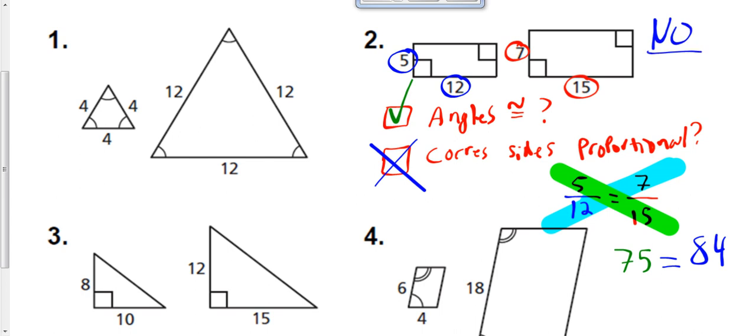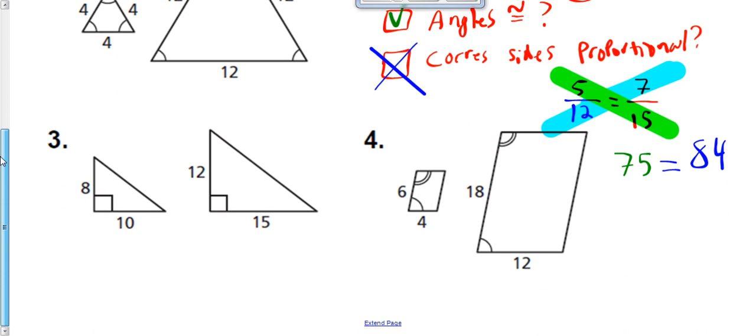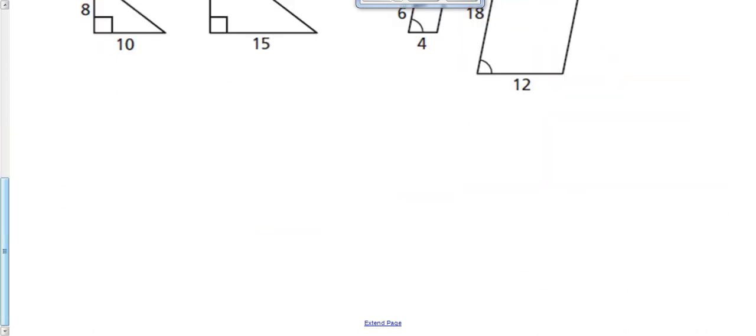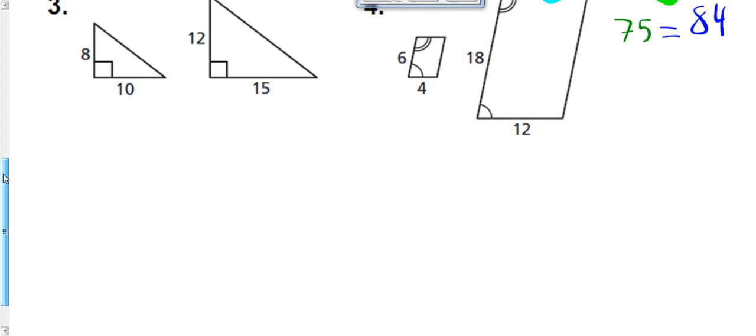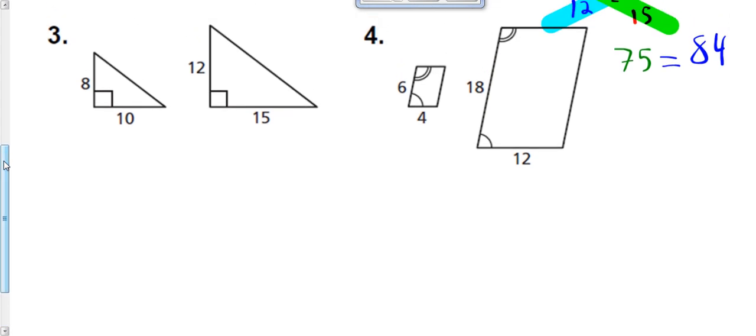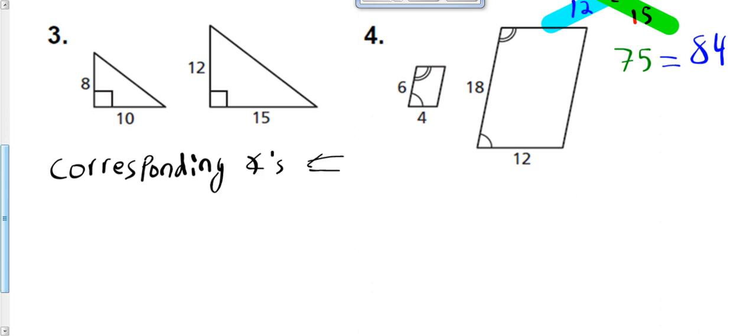Let's keep going and see if we can get anything else from this. So how about this one right here? There are other ways of doing this, but our favorite thing to do is find out if corresponding angles are congruent. Whoops, this is the symbol for congruent, by the way. That's the first question.